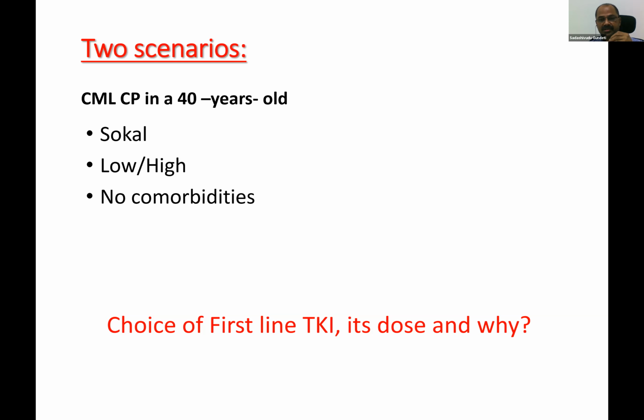Ultimately, we should get the best response, and at the same time, the response should sustain longer. And our long-term goal nowadays is always TFR, with lesser toxicity and less financial toxicity also. So we have to take everything into consideration in the Indian context. So we have to choose the best medicine with the least toxicity, and that remission should sustain longer.